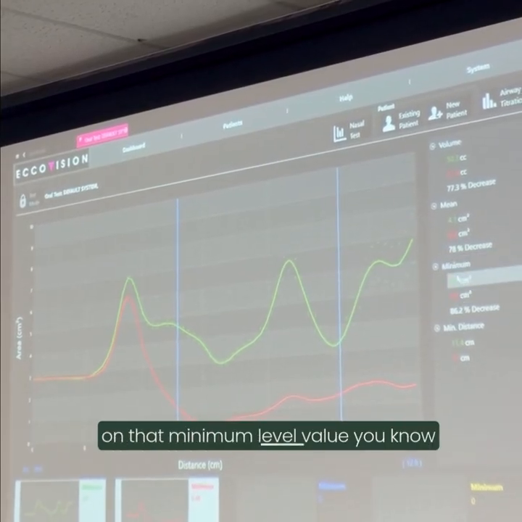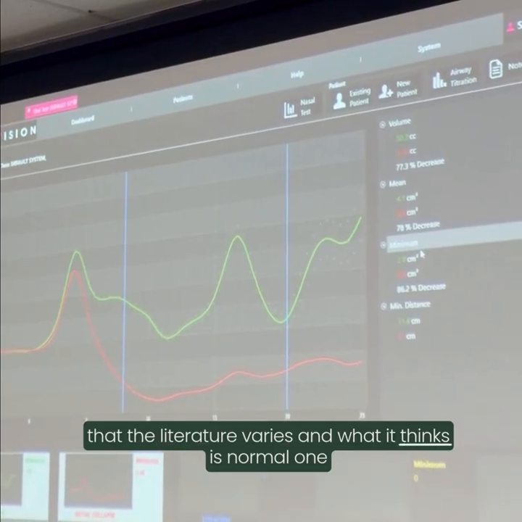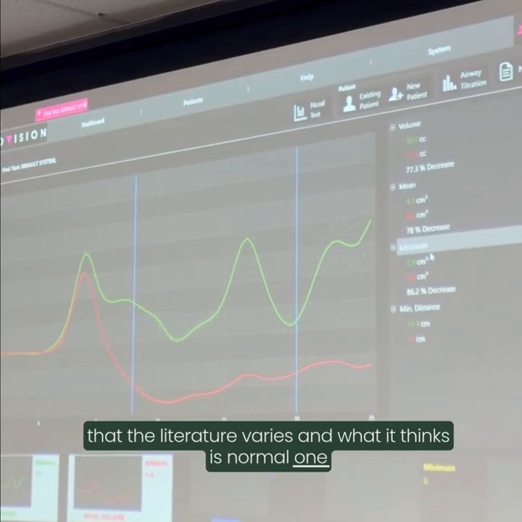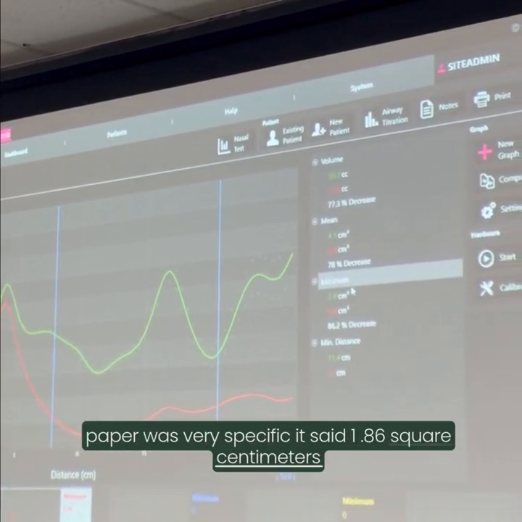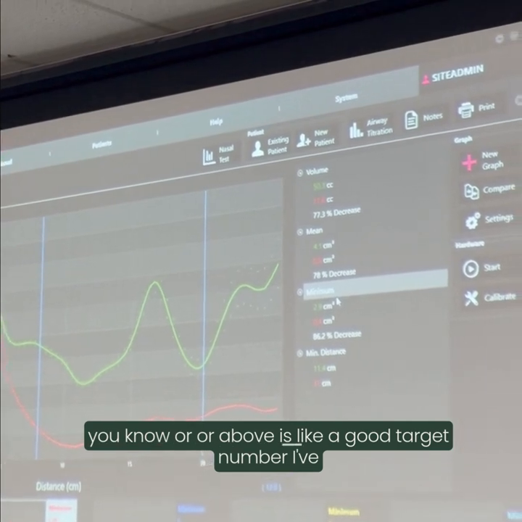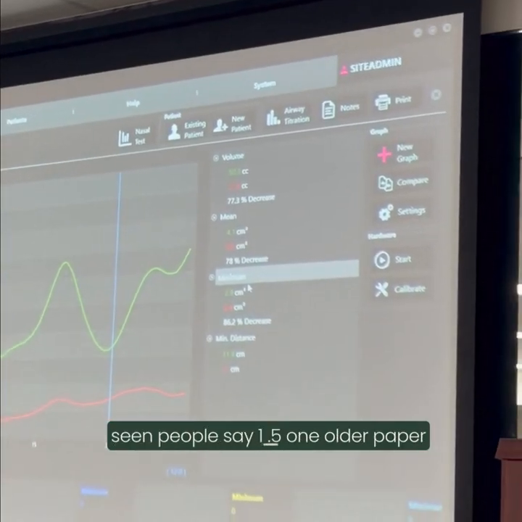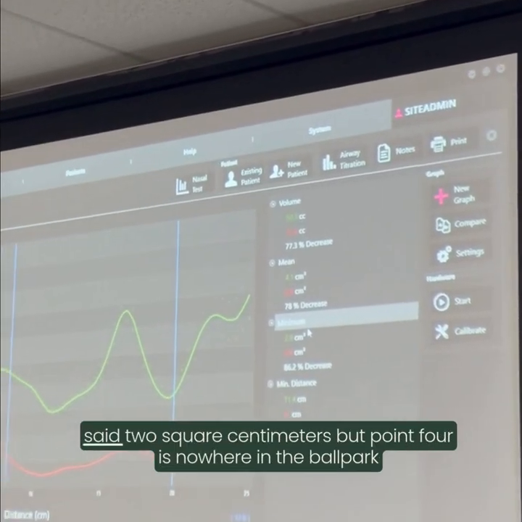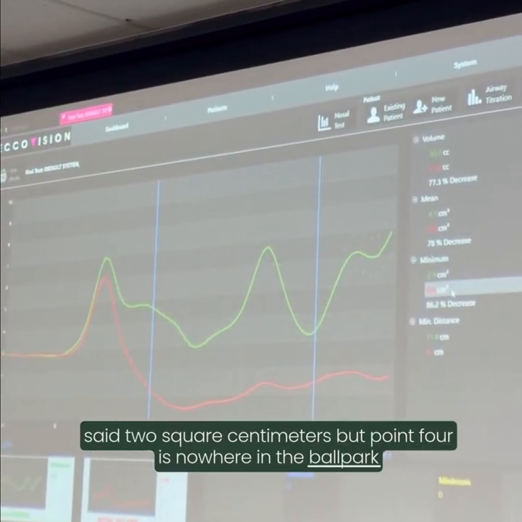Specifically on that minimum value, the literature varies in what it thinks is normal. One paper was very specific. It said 1.86 square centimeters or above is a good target number. I've seen people say 1.5. One older paper said 2 square centimeters, but 0.4 is nowhere in the ballpark of okay.